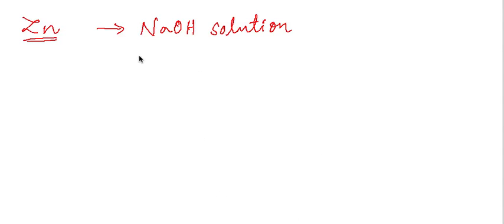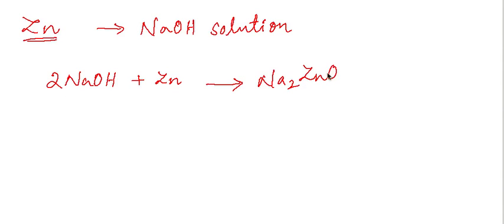What do we observe? After heating, the reaction which is taking place between sodium hydroxide and zinc can be written this way: Na2ZnO2 plus hydrogen gas. Now this is nothing but sodium zincate.